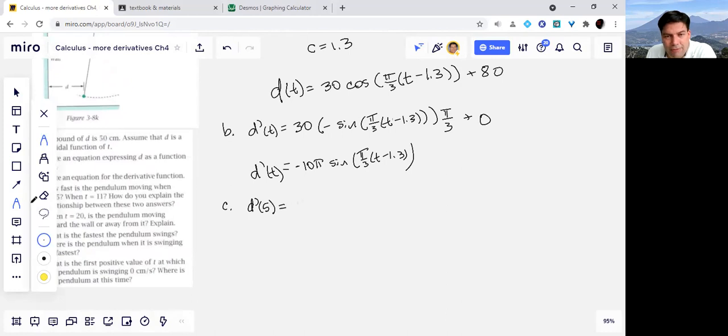So it's just a matter of substituting 5 here, and basically I will simply put it on a calculator.